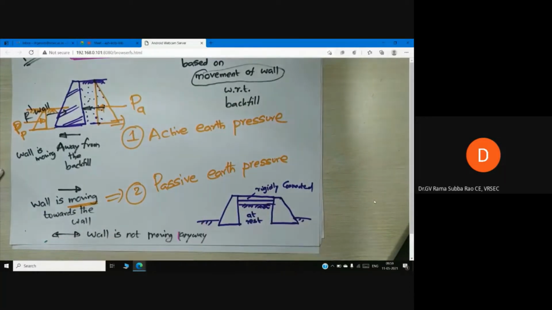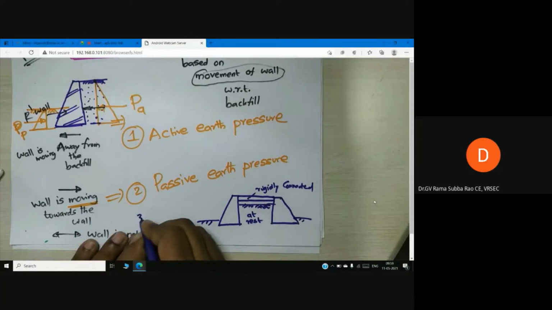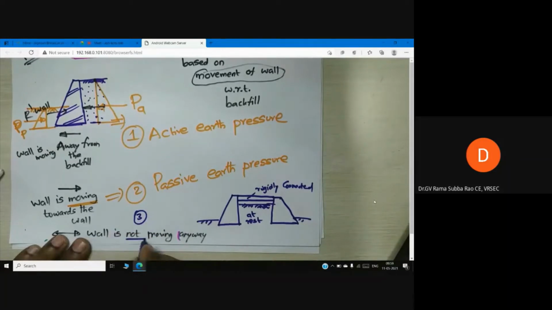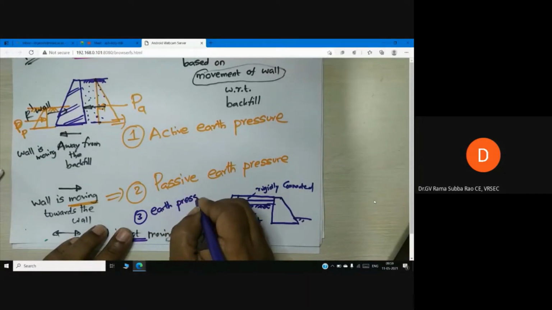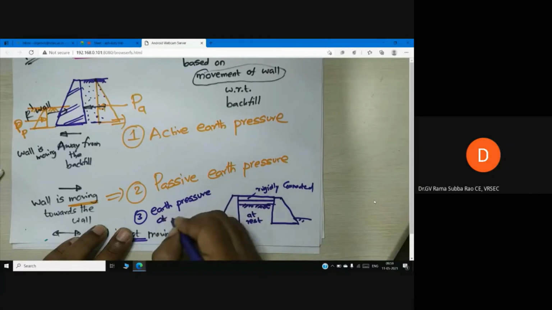The wall is not moving away or towards the backfill. This is also possible. When the wall is not moving anyway, then it is called earth pressure at rest.